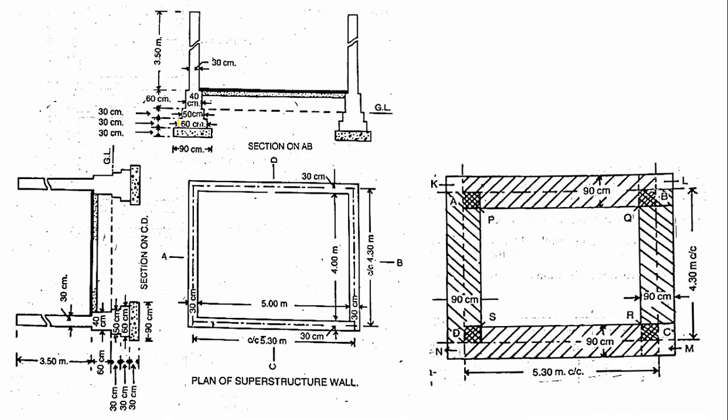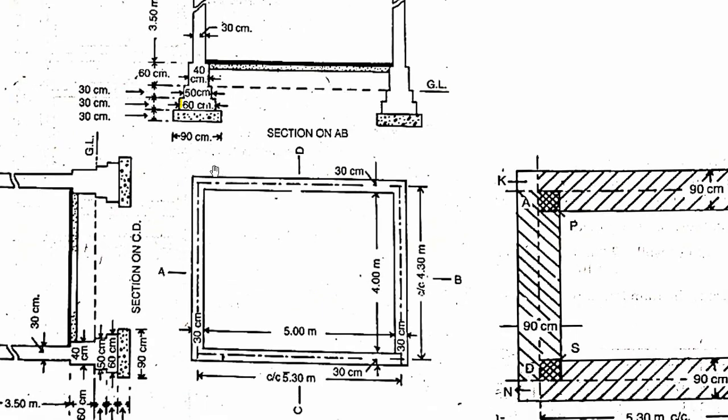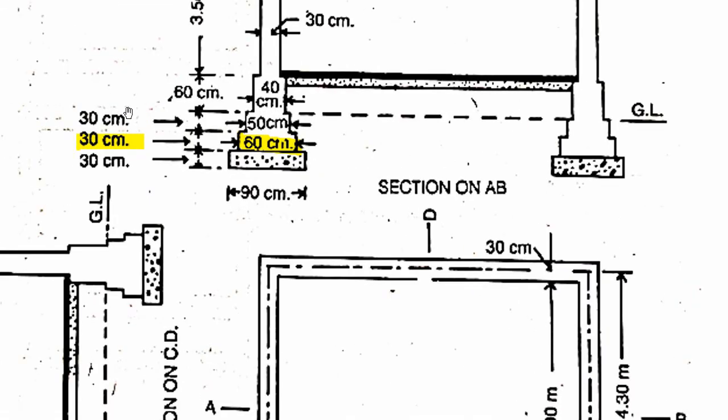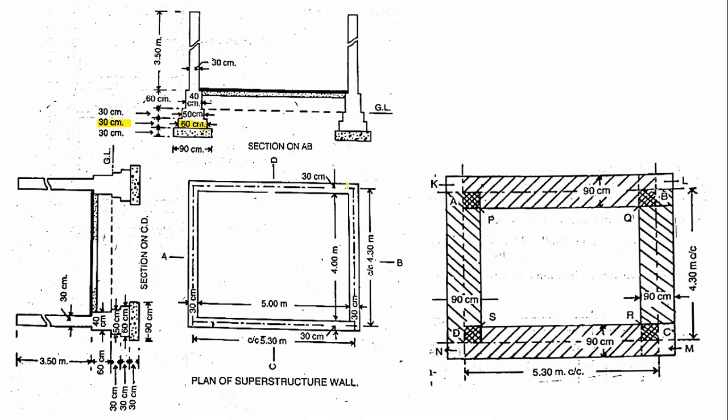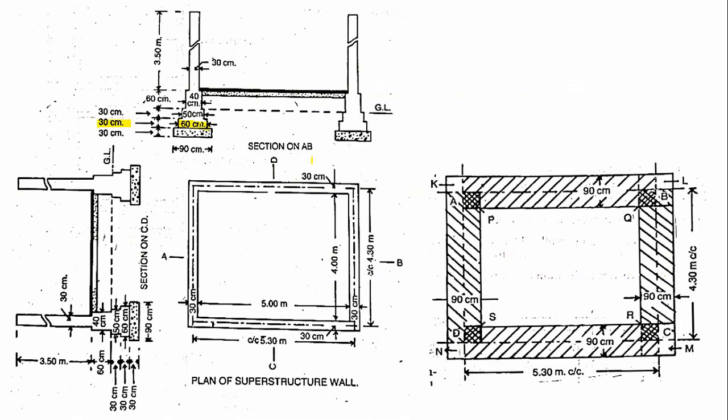If you see the figure, the breadth is 60 centimeters and the depth is 30 centimeters. It is clearly visible now. So we write the same: breadth 60, depth 30 centimeters. Next we go to the second step.